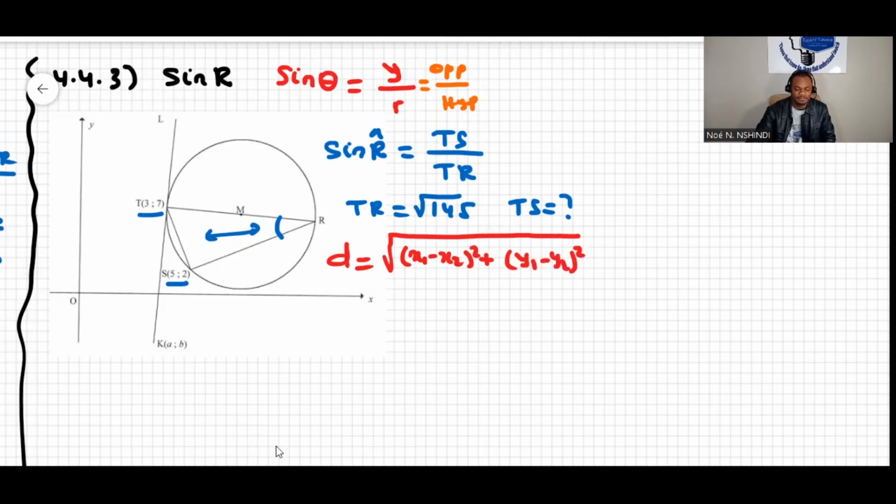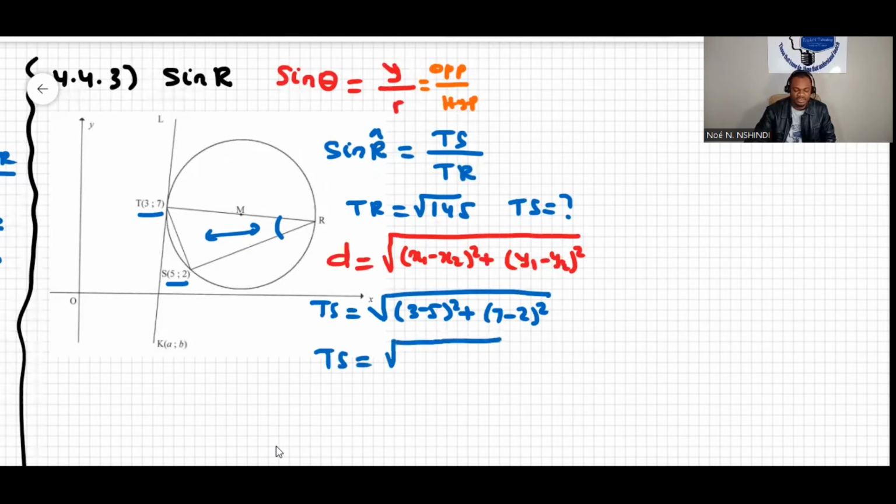So the length TS will then become 3 minus 5 squared plus 7 minus 2 squared. That makes 4 plus 25. I don't think I did it earlier. So TS will be equal to the square root of 29.